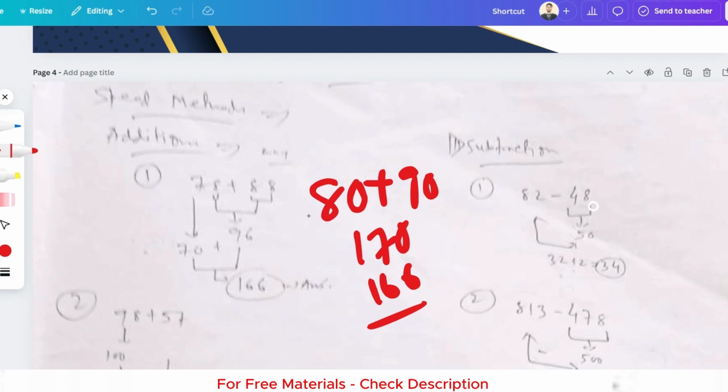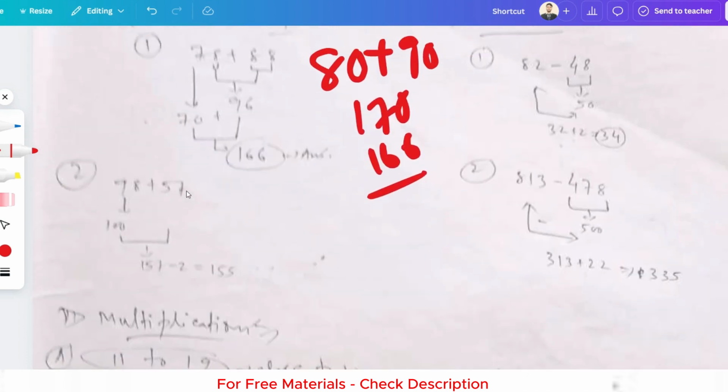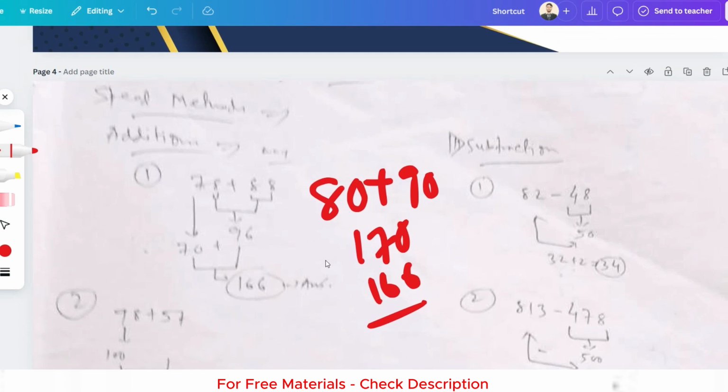As I have subtracted 2 extra here, you add 2 back, so 34 will be the answer. Just calculate this in your mind so that the time will be less. These are the quick processes for addition and subtraction.